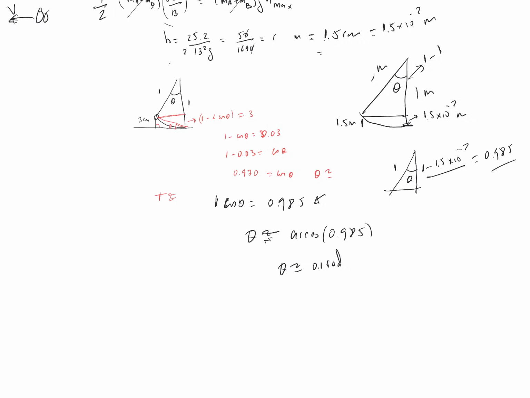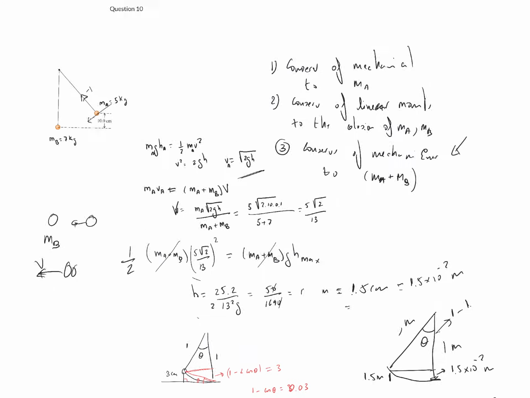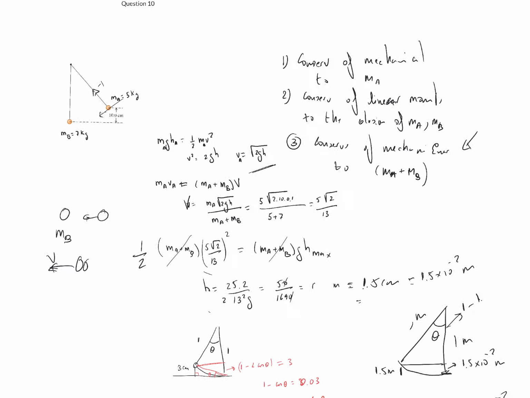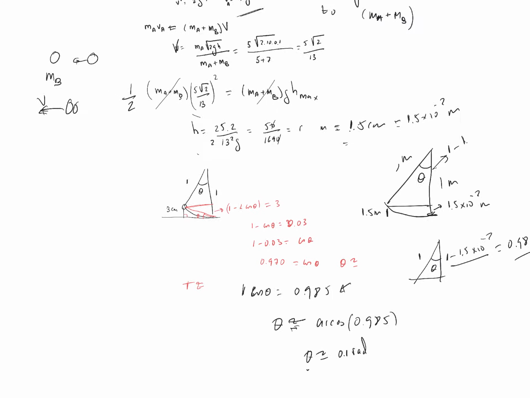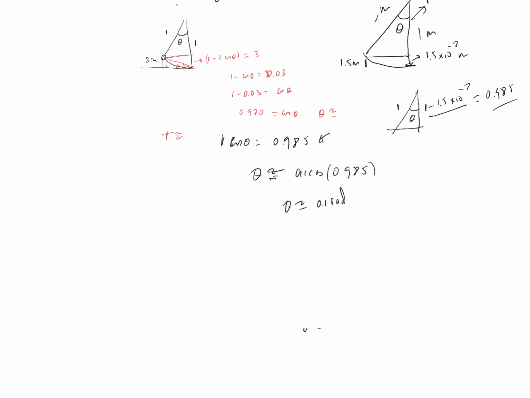And the other thing they are asking for is the period or the frequency of the oscillation. And for the frequency, let's go to the pendulum. This is the pendulum. This is T going upward.